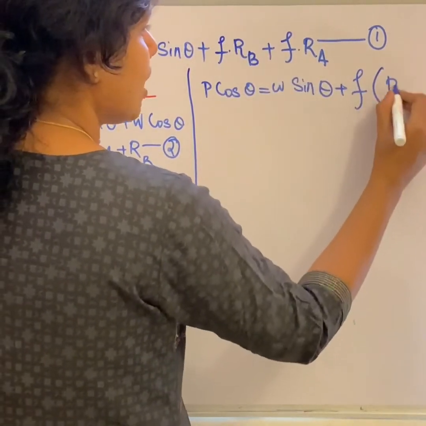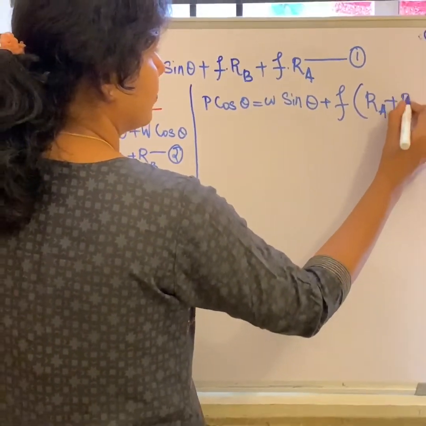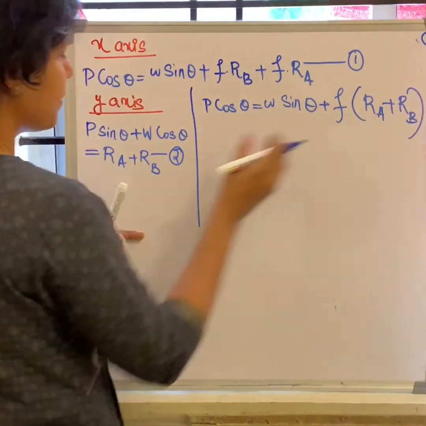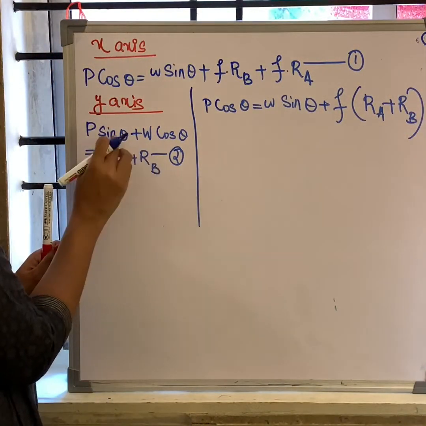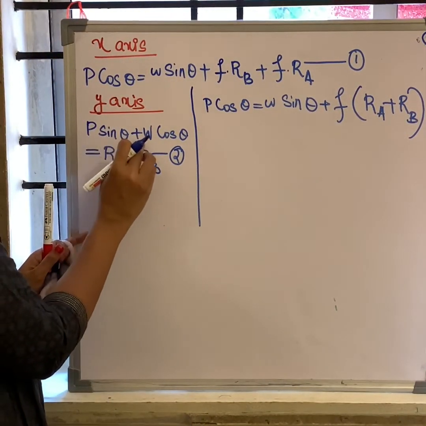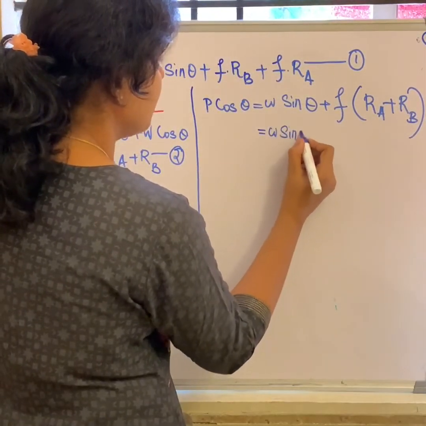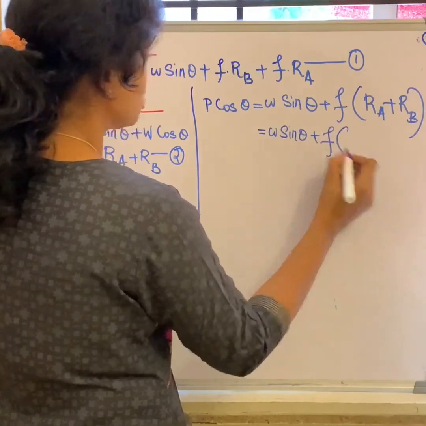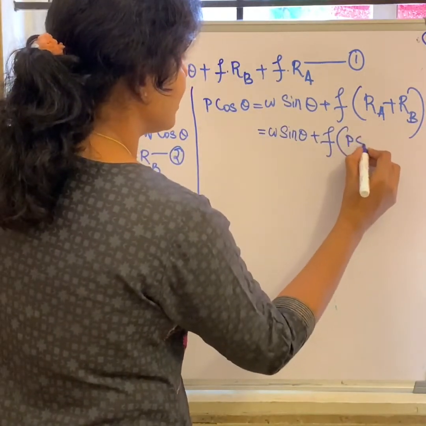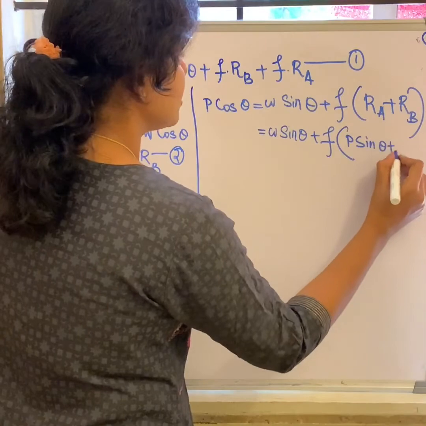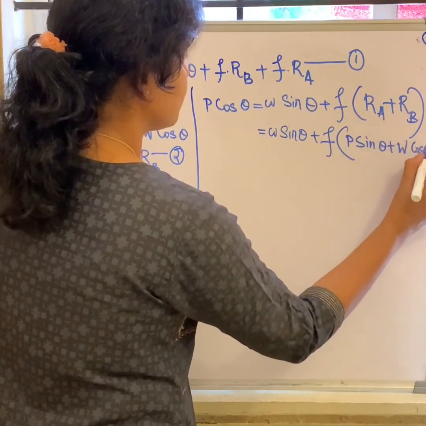So I will get RA plus RB. This RA plus RB I am going to rewrite from what we obtained from the second equation, that is P sin theta plus W cos theta. So W sin theta plus F into P sin theta plus W cos theta.